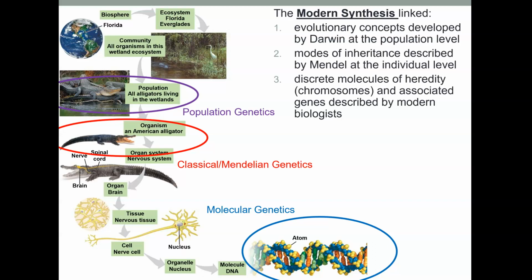So it was only about 50 years ago that we had a good top-to-bottom idea of how populations and organisms can undergo change through the mechanisms of mutation and sexual selection. It's called the modern synthesis.